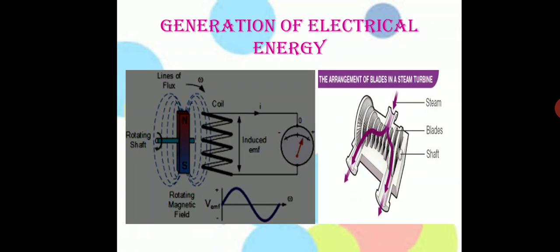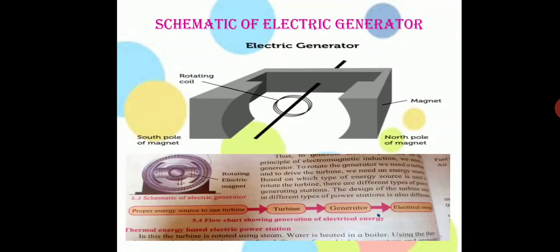This turbine is connected to the electric generator. Thus the magnet in the electric generator starts rotating and electric energy is produced. This method of electric energy generation can be represented below.